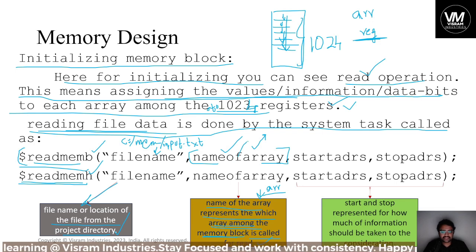Called for read means your data is read from this array location.